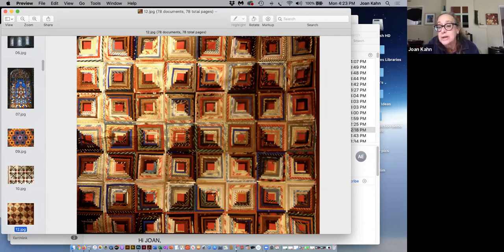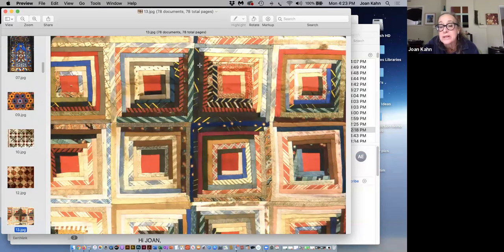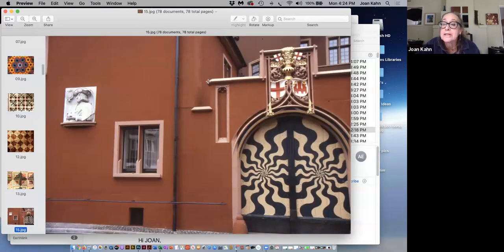It's actually something called the log cabin pattern in early American quilt making, where the whole thing was built out of a square in the middle and strips that were sewed around it. But we see it as dark and light diamonds because of the way the strips are grouped in terms of their value.